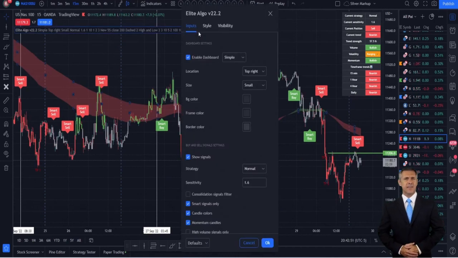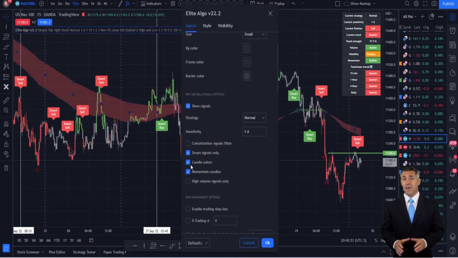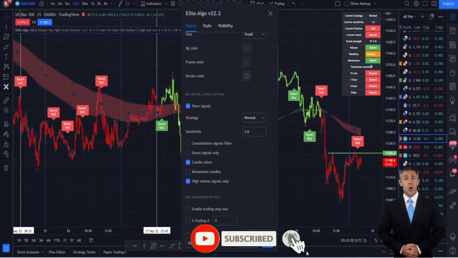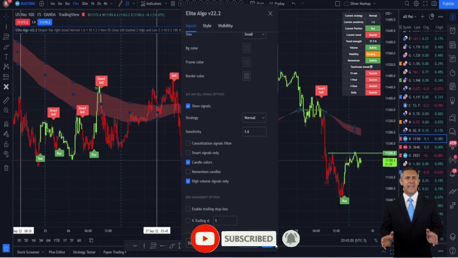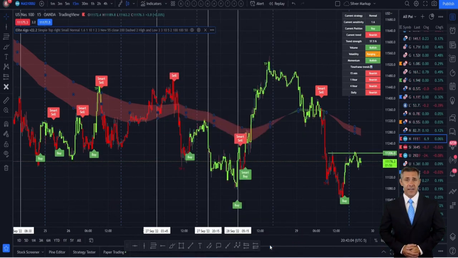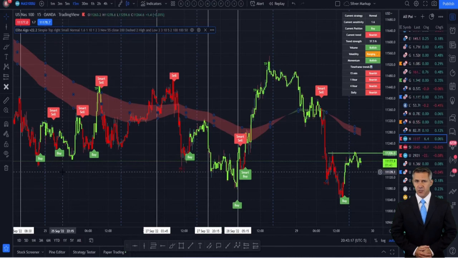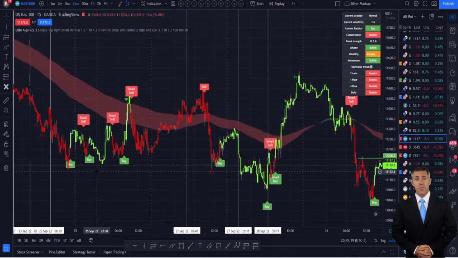The next part is high volume signals. We take it off of smart signals because you don't want to put all of them together. I mean, you can, but you'd be really, really specific. The high volume signals only mode is going to tell you where the volume is kicking in the markets. If you're a volume trader, you can use this to confirm your volume trades or breakout trades.